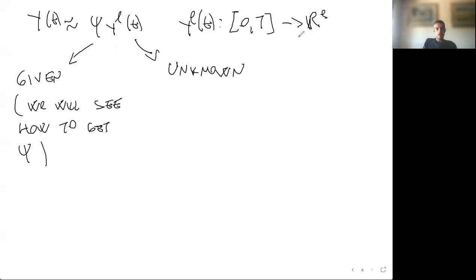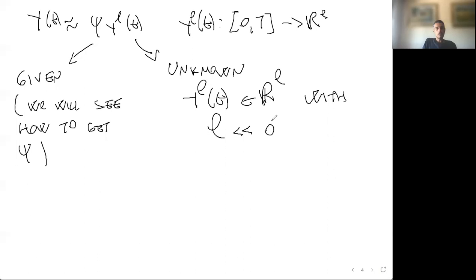What's the main difference here? y_L is now a vector in R^L, with L way smaller than D. So the key fact is that we suppose that our solution lives in a low dimensional subspace whose dimension is way smaller than the original dimension. That's our assumption.